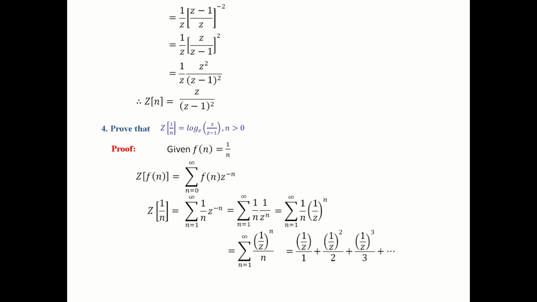We know b log a, so whatever the number in front of logarithm can be written as the power of the a, logarithmic power, right? So b log a can be written as log a power b. Here you are having minus 1 instead of b, and instead of a you are having (z minus 1) by z.